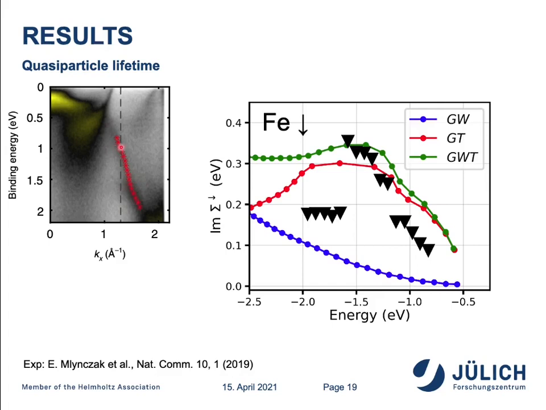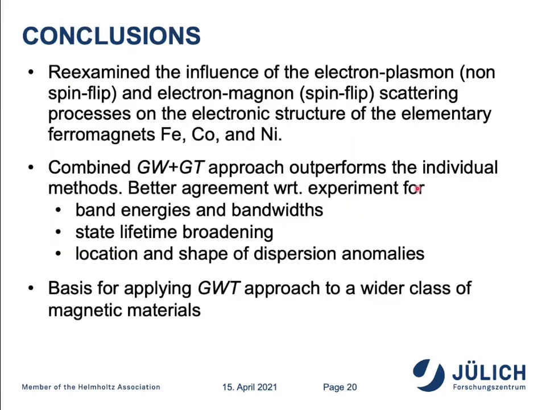In this way, the computed and measured values for the imaginary part of the self-energy could be compared. The comparison is presented in the following figure for a minority band in iron. As we can see, in contrast to GW, GT and GWT results agree very well with the experimental estimates. This fact could be used to stress the important role of the electron-magnon scattering in the discussed materials.